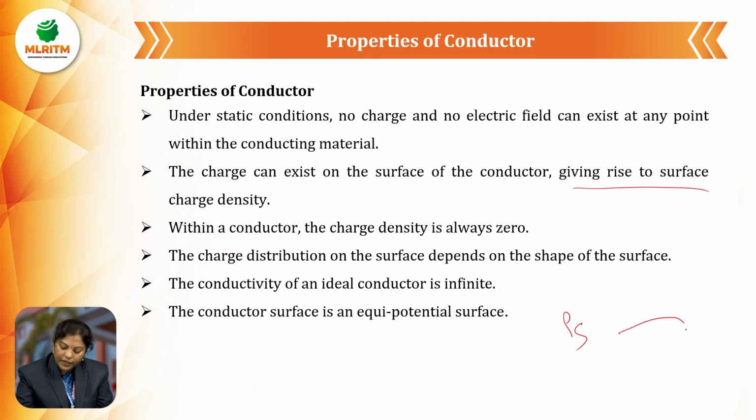The charge is accumulated only on the surface of the conductor, not inside it. The charge distribution on the surface depends on the shape of the surface. The conductivity of an ideal conductor is infinite, meaning it has very high conductivity. And the conductor surface is always an equipotential surface. So these are the properties of a conductor.